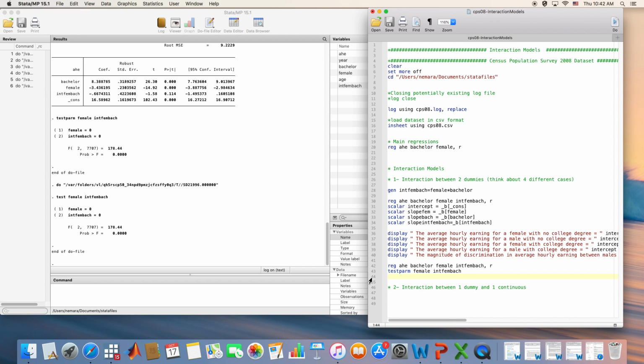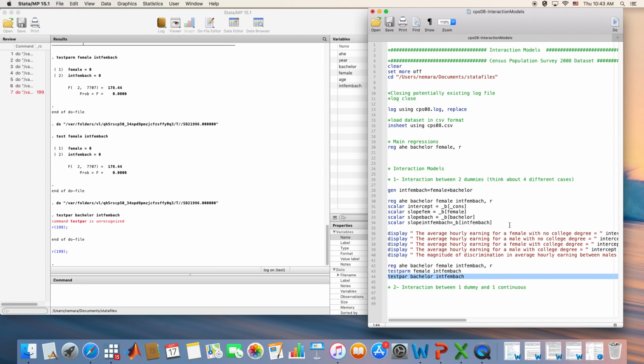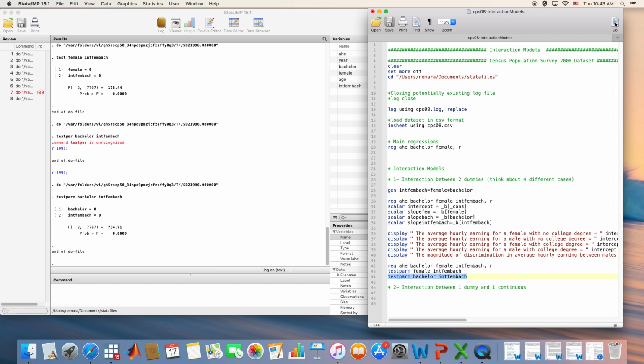You can also check the statistical significance of the variable bachelor with interaction. Oh, sorry, my mistake. So you can check these two together. And again, there is a 0 probability that they are jointly statistically insignificant, or they are jointly statistically significant.